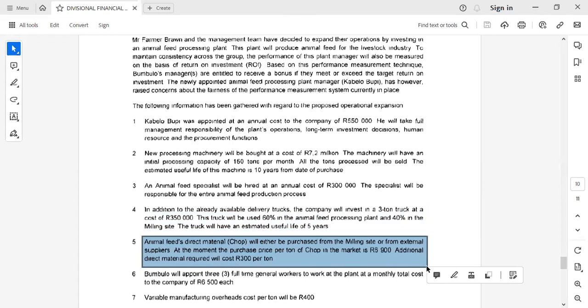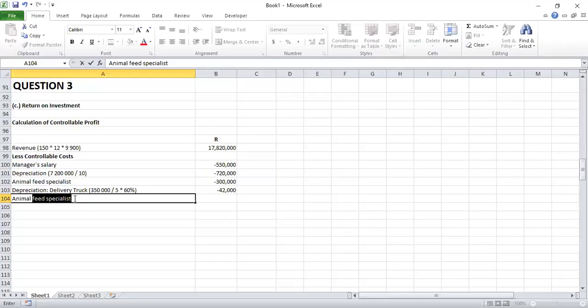So we'll have animal feed at 6,900 per ton. Remember, our tons are 150 times 12. Then multiply by the cost per ton, which is 6,900. What do we get?